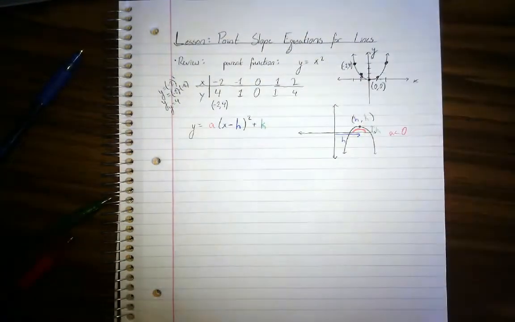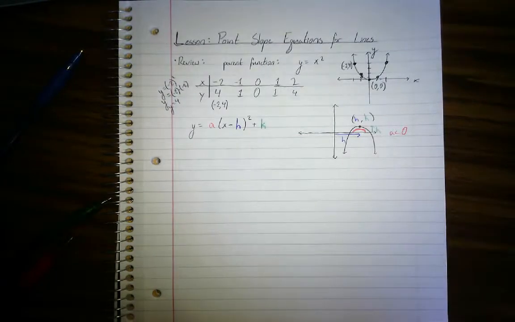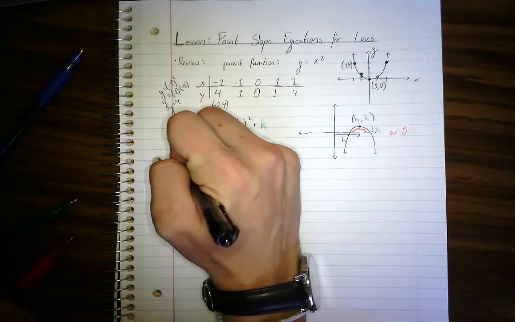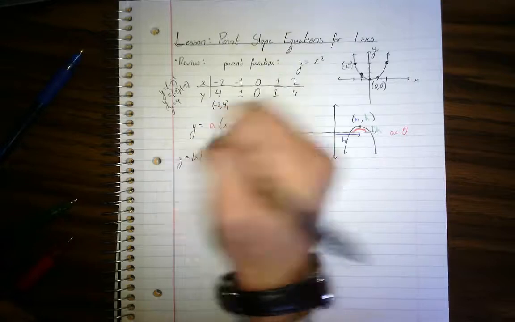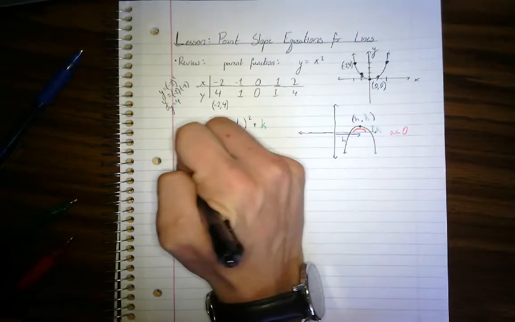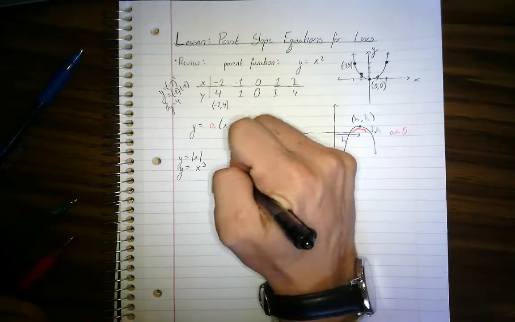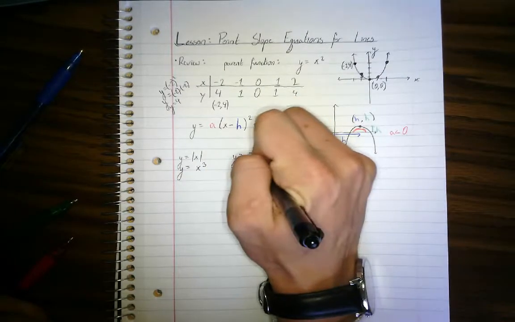So we found out that we can actually do this to all our functions. That's what we talked about last time. We had our absolute value function, y equals the absolute value of x. We had the cubic function, y equals x cubed. We had our rational function, y equals 1 over x, and we also had, what was the last one?